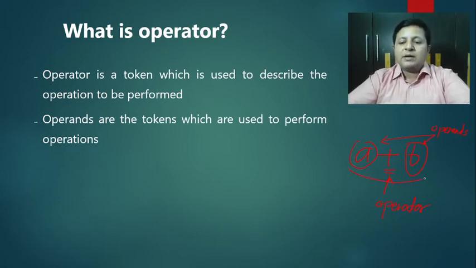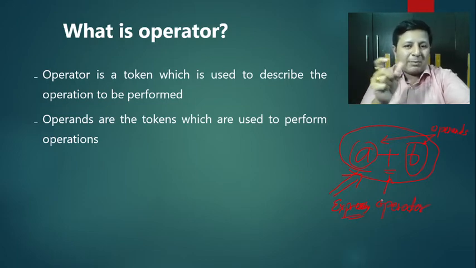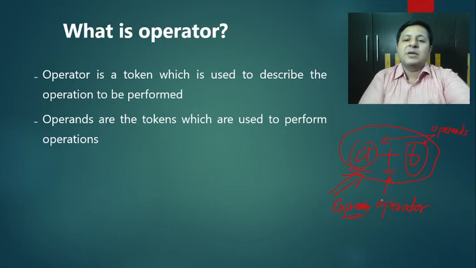Together, if we combine the operators and operands, we can call this an expression. So an expression is made up of operator and operands combined in a very specific form. As we go ahead, you'll understand, we generally work with infix. So it's like A plus B, operators and operands combined in a proper typical form. Then we understand it as an expression.